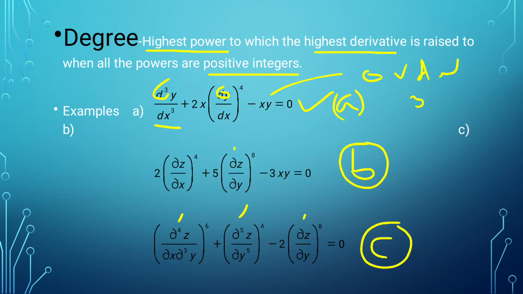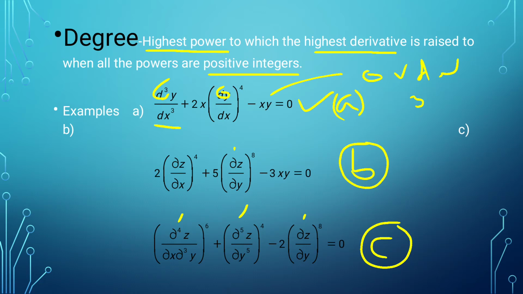Then degree, what about the degree of A, B, C? Degree is the highest power to which the highest derivative is raised. So this is the derivative we used to get the order. The first one, we said the order is 3, and it is automatically power 1. So that's degree 1.